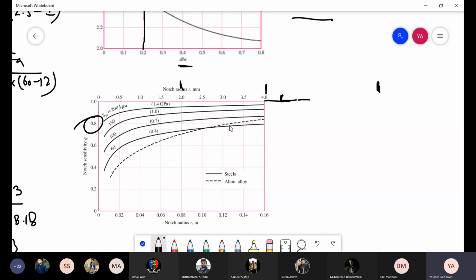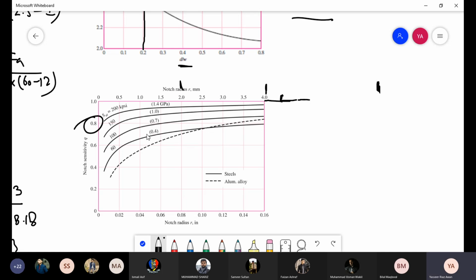You just need to know where to look for notch sensitivity, and in this figure where to look. So if by your value this impression is created that you know this, that is okay. You don't have to be 100% accurate with this. We know that even this data has so much scatter that there's no point in trying to be very accurate.